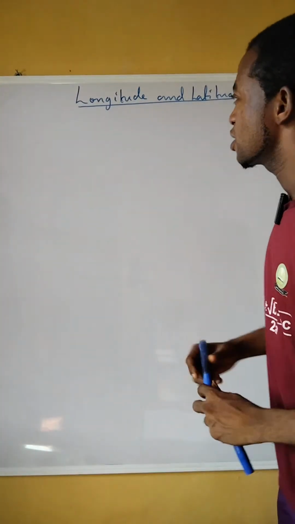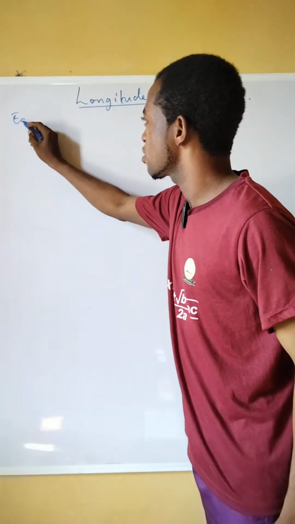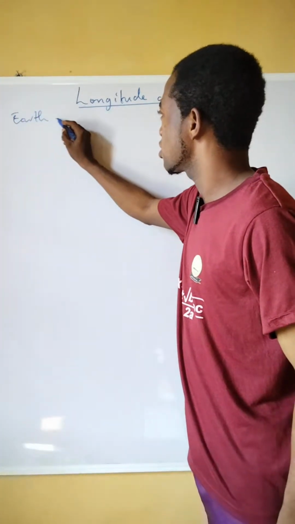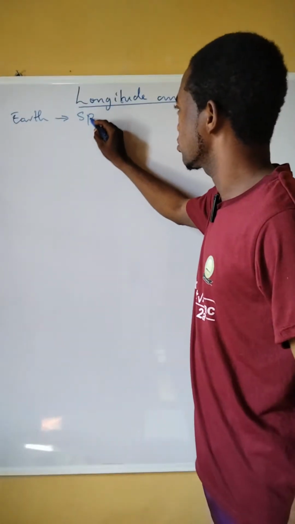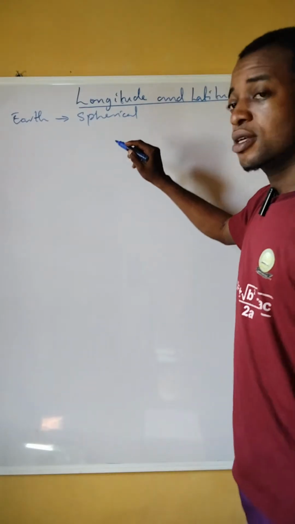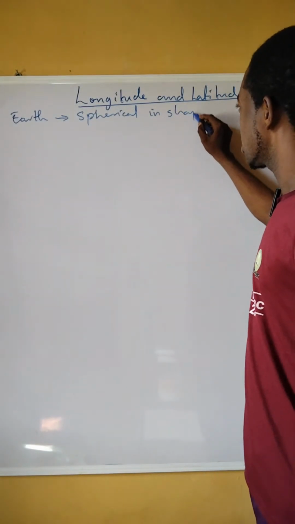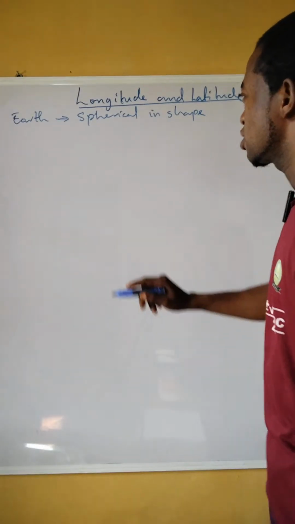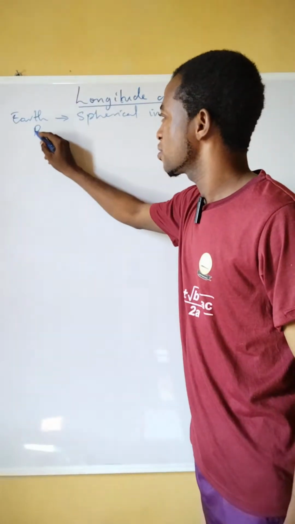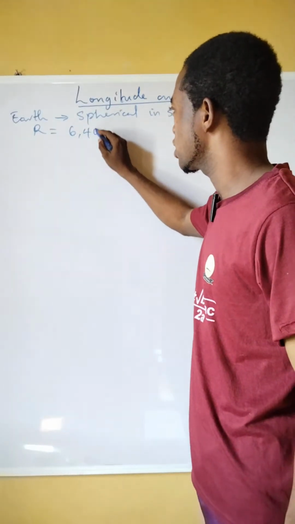We established that the Earth is spherical in shape, and it has a radius r of approximately 6,400 kilometers.